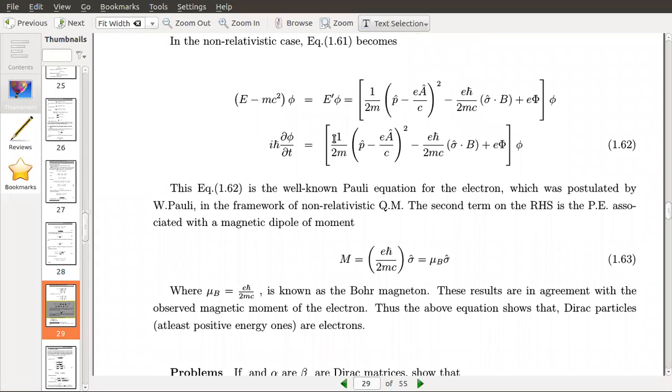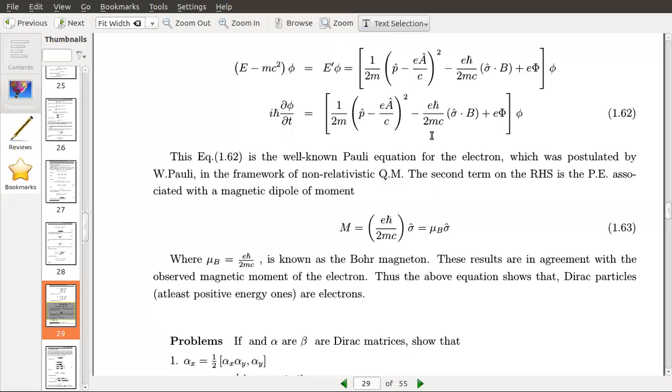So this equation is actually a Pauli equation of the electron. Actually, we didn't study this, but this is a famous equation, Pauli equation for the electron, which was postulated, not derived, by Pauli in the framework of non-relativistic quantum mechanics.